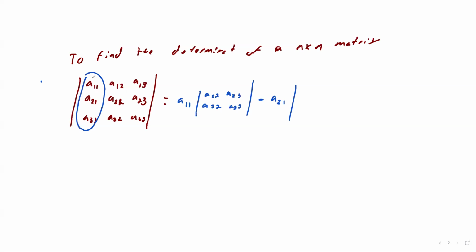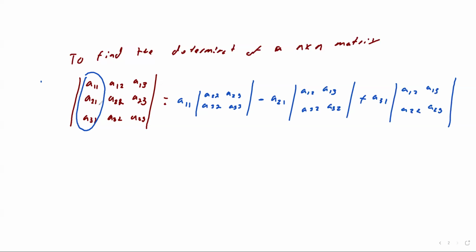Then I delete that row and that column, and now it is A12, A13, A32, A33, and I would find that determinant. Then I would go to A31, and because 3 plus 1 is even, it's going to be positive. Then I would delete that row and column, and find the determinant of A12, A13, A22, and A23. Whatever that total is would end up being my determinant.